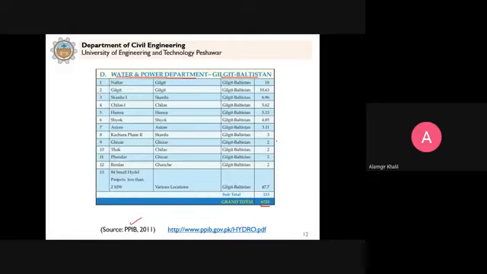So you can see the importance of this, and because civil engineers will be involved in the construction and working of these hydropower plants, that's why we need to study the turbines. Hydraulic turbines or water turbines, which are driven by water, can be divided into two very broad categories.